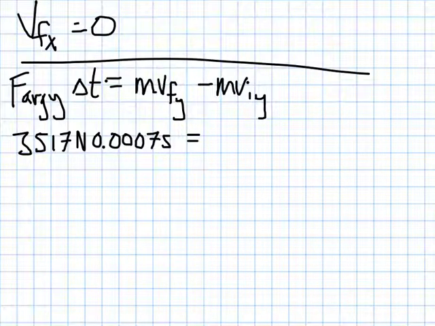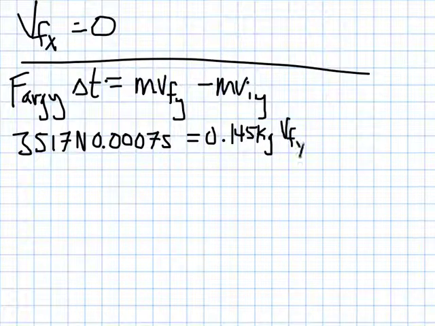This is all going to be equal to the 0.145 kilogram mass of the ball times V final in the y direction, and then we subtract off the initial momentum of the ball in the y direction, which was 0, because the ball came in horizontally. So that's just saved us a little bit of math.